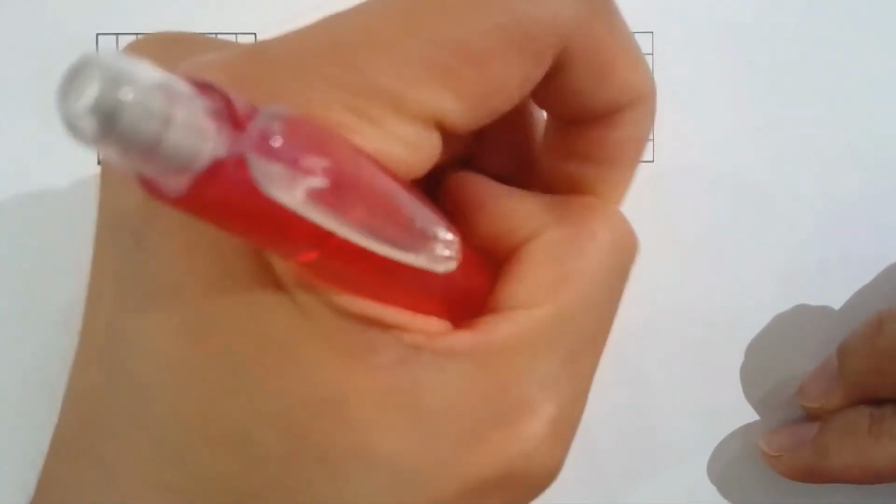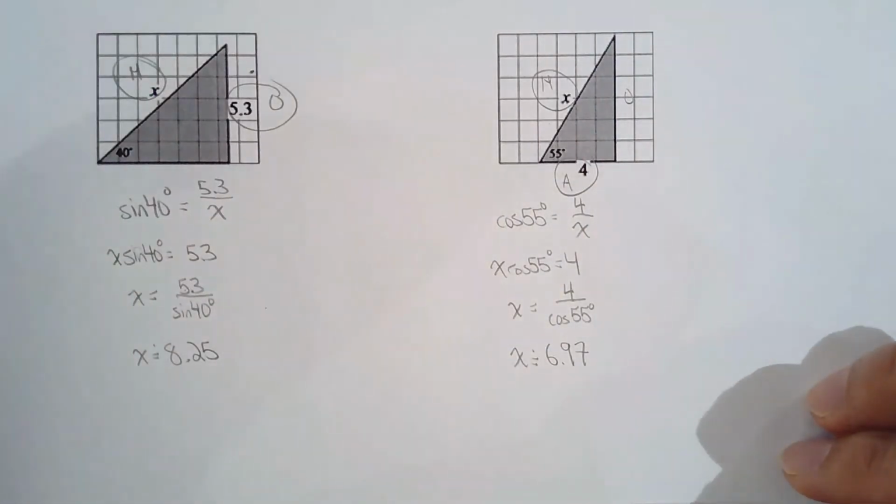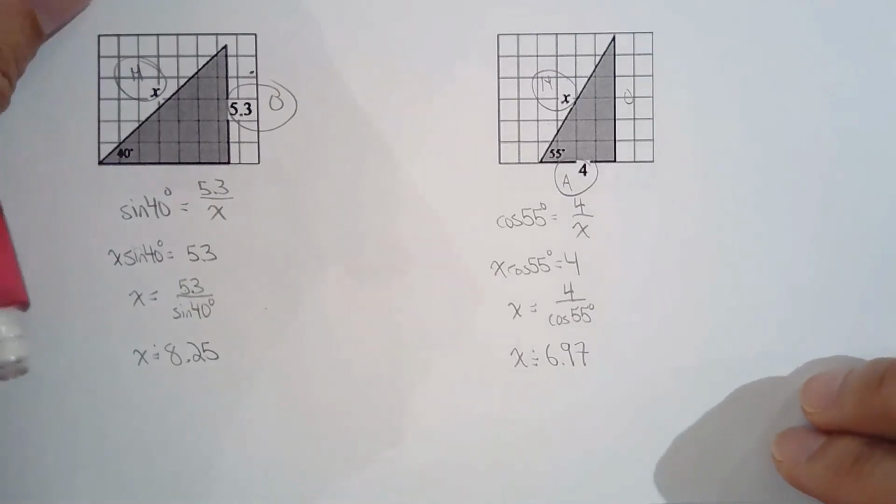We're looking at about 6.97. Yep, looking good because it's longer than 4, and it has to be because it's the hypotenuse.